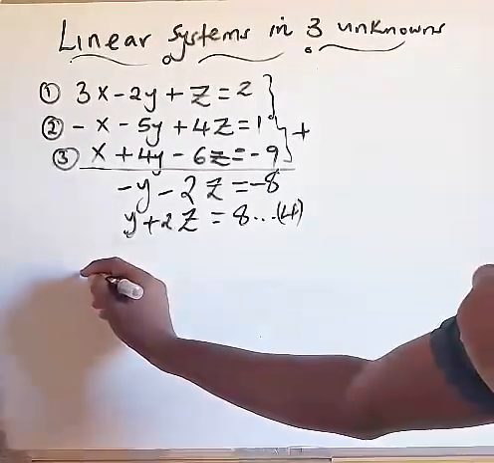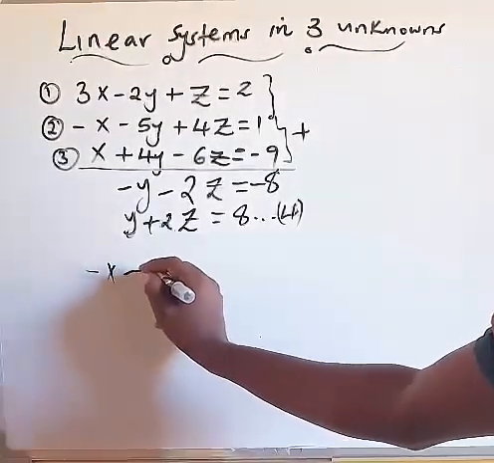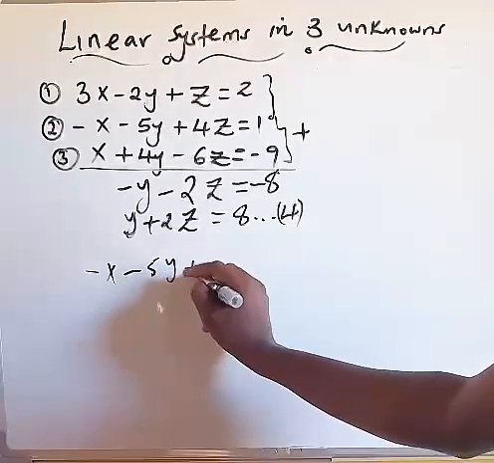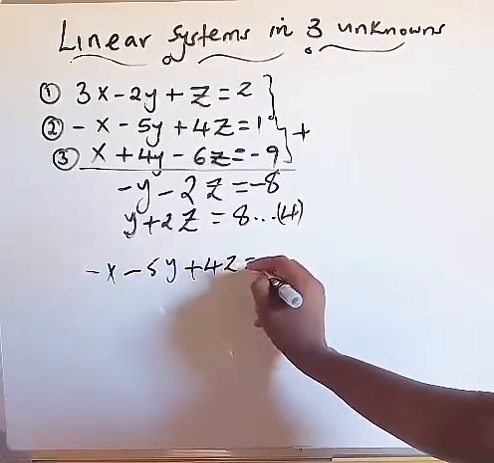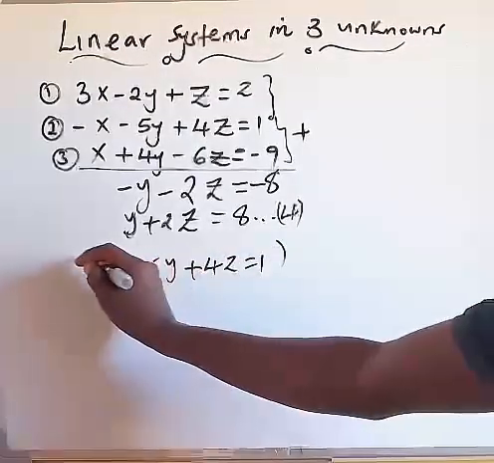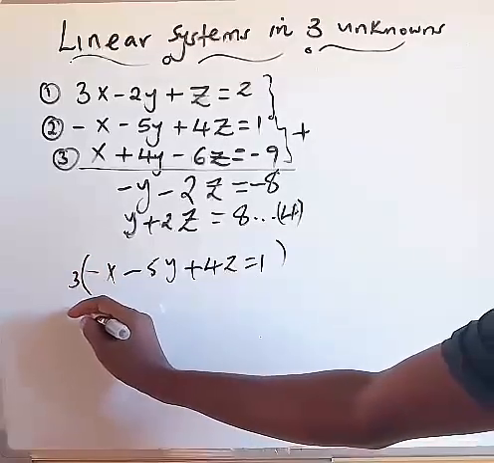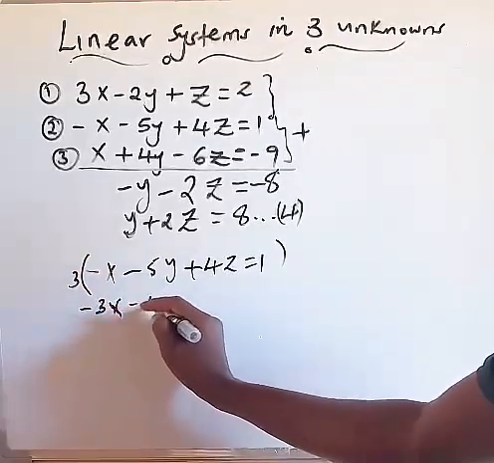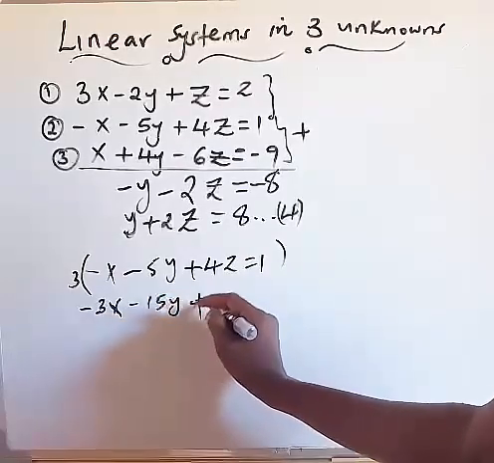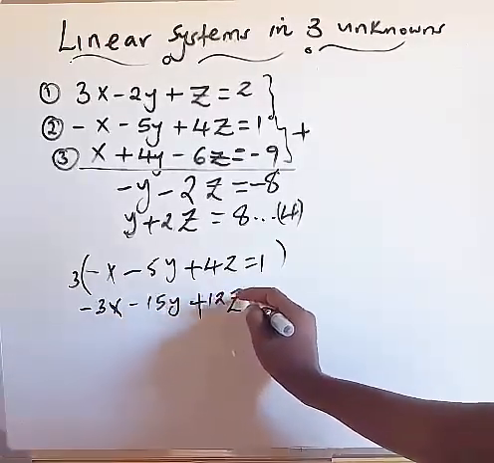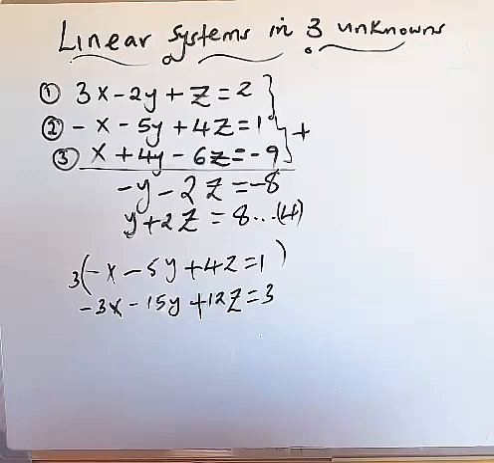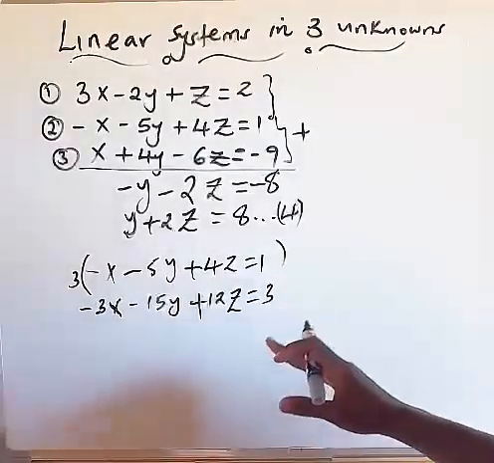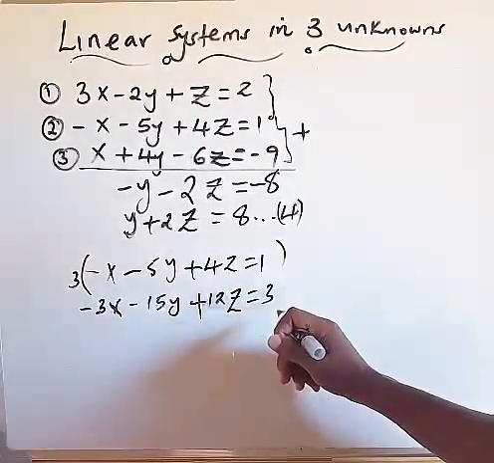So if we multiply minus x minus 5y plus 4z equals 1 by 3, we get minus 3x minus 15y plus 12z, which is the same as 3. Having said that, this is our new equation 2.